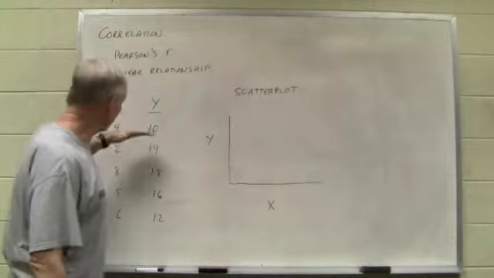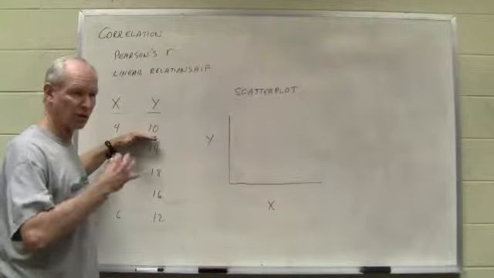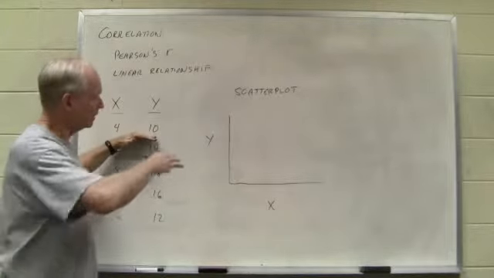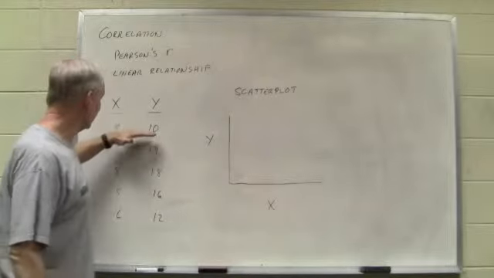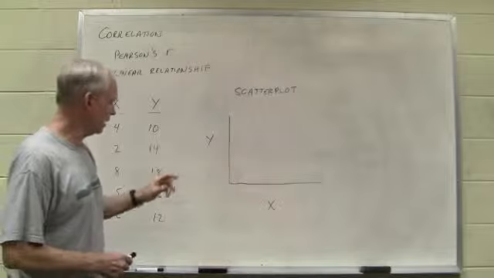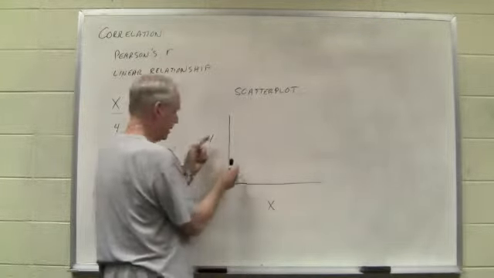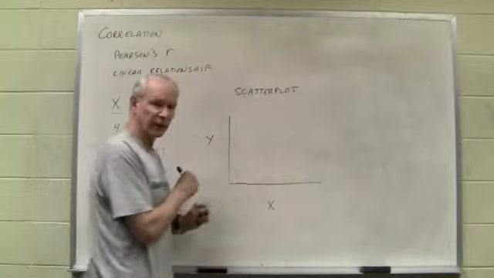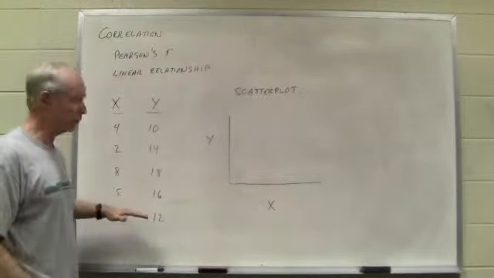You just take each pair of numbers and use those numbers as coordinates to plot a point on a graph. We call it a scatter plot. The first point would be an X of 4 and a Y of 10. We would find 4 along the X-axis, 10 along the Y-axis, and we would plot that point here. And we'd plot a point for every one of these pairs of values.